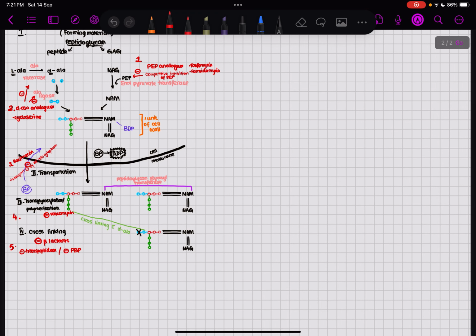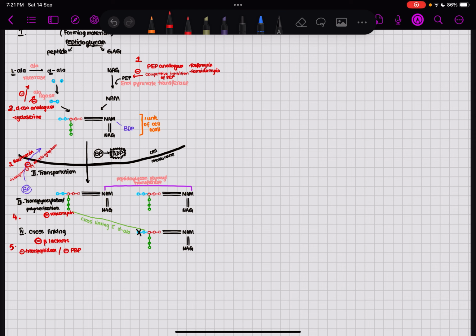D-alanine analogs cycloserine. Mechanism of action is ALA ligase inhibition, ALA racemase inhibition. Then transport inhibitor is bacitracin. Bactoprenol transport inhibitor back into the cytoplasm.